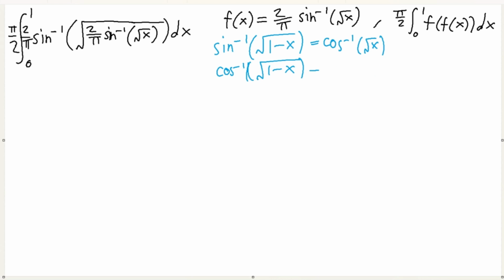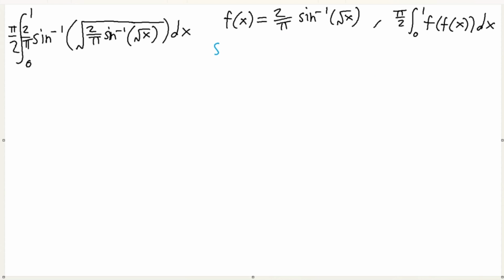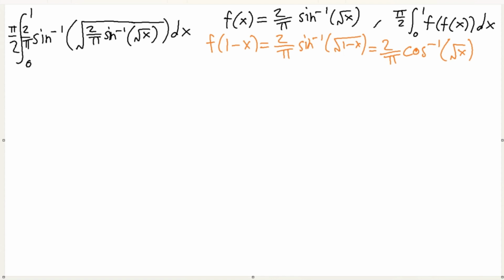Alright, so now that we have that formula to keep in mind, let's see what happens if I do f of 1 minus x. Then we get 2 over pi, and like I said, inverse sine of the square root of 1 minus x is equal to 2 over pi inverse cosine of the square root of x.